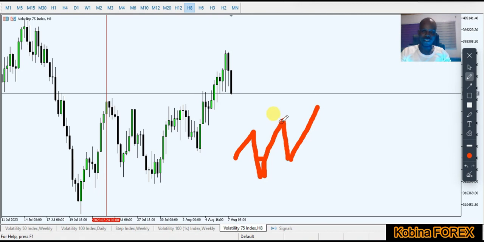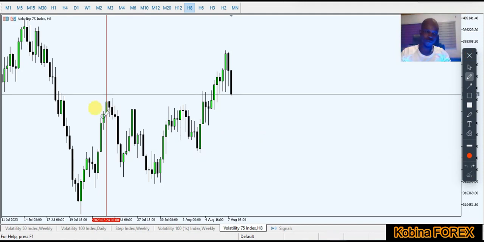If price was trading from a certain high, comes this way, let me wipe the whole thing so I can show you a clearer picture from this chart.